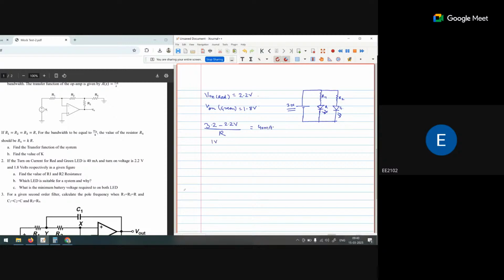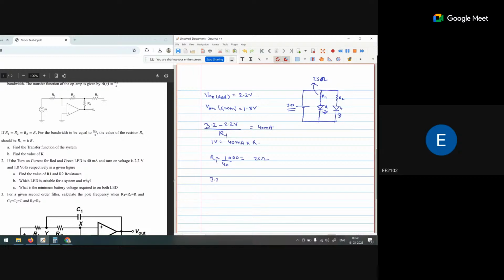Okay, so 1 volt is equal to 40 milliampere times R. So the value of R is 1000 divided by 40, it is 25. So this particular resistance is 25 ohm. Okay, R1.